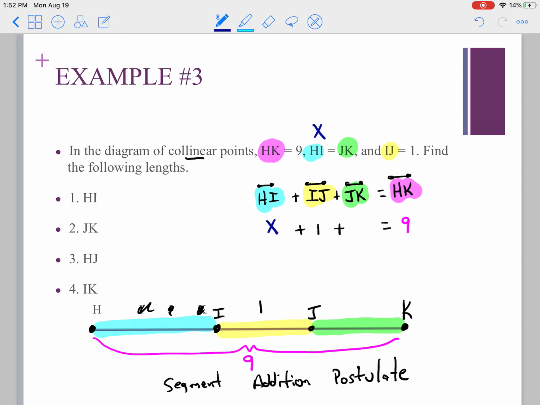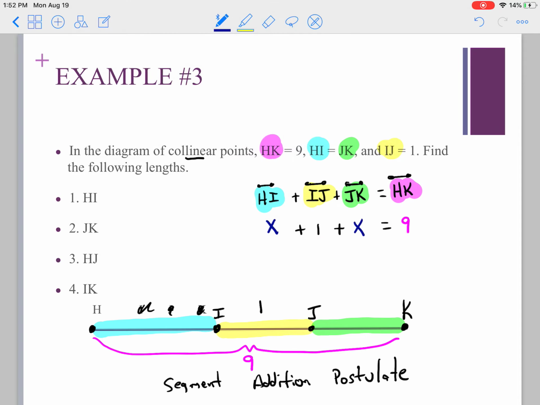And so if I call HI x, we also know from what's given that HI is equal to the value of JK, so we can also call JK x. So now, let's put back our color scheme real quick: JK and HK and finally IJ.